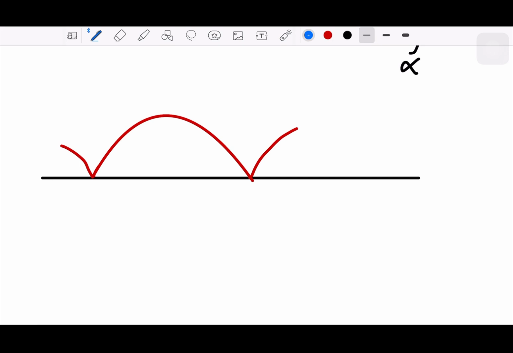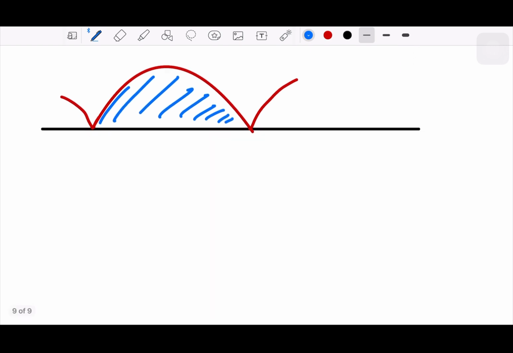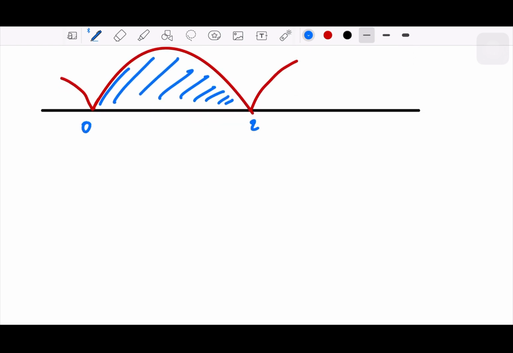Let's evaluate just this one area here. If this starts from 0 to 2 pi, let me just write 2 pi r. So from this 0 to 2 pi, area under the curve.